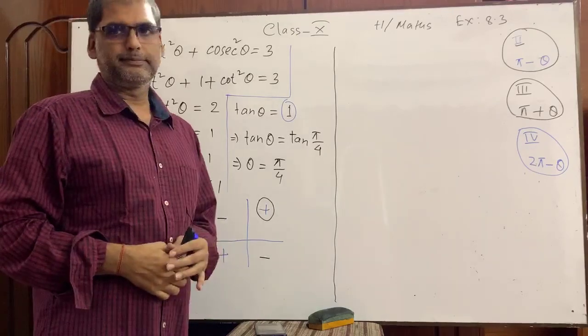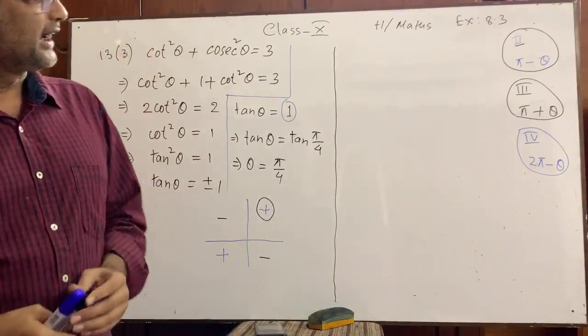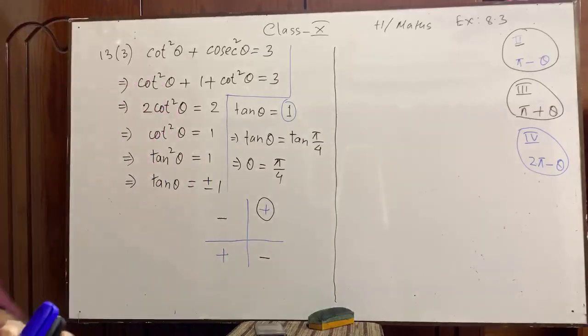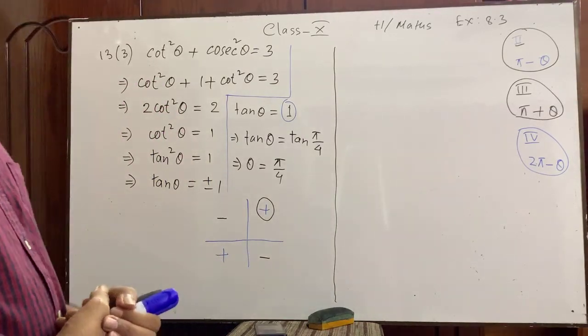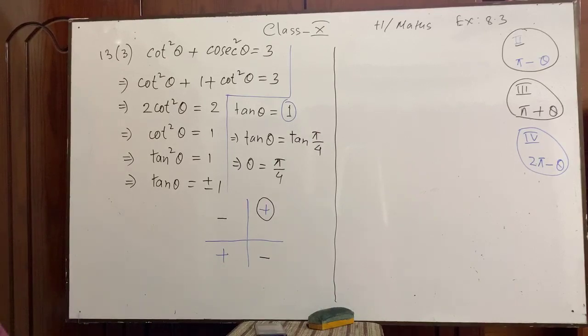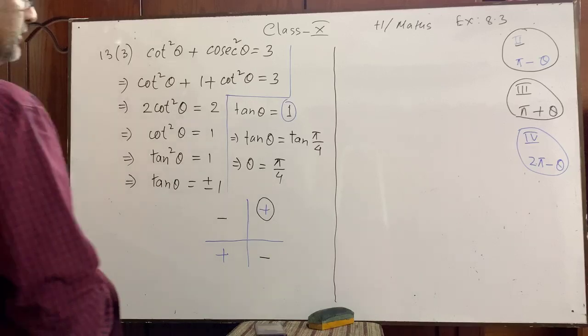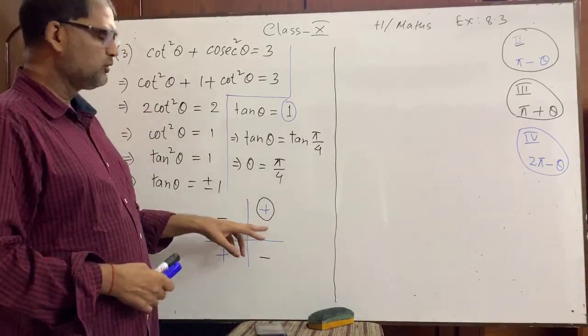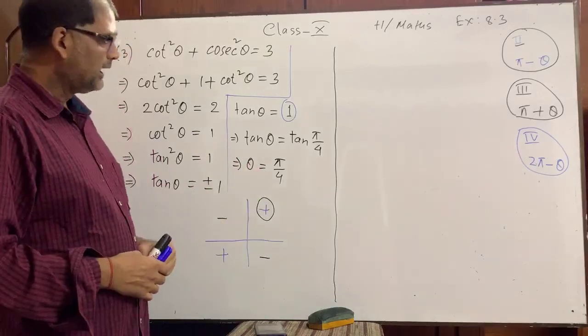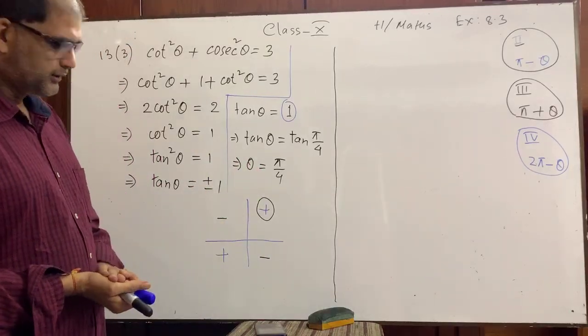What is that? For second quadrant, pi minus theta. Third quadrant, pi plus theta. Fourth quadrant, 2 pi minus theta. You must remember all these three. Now, this is first quadrant, which is done. I am going now to the second quadrant.